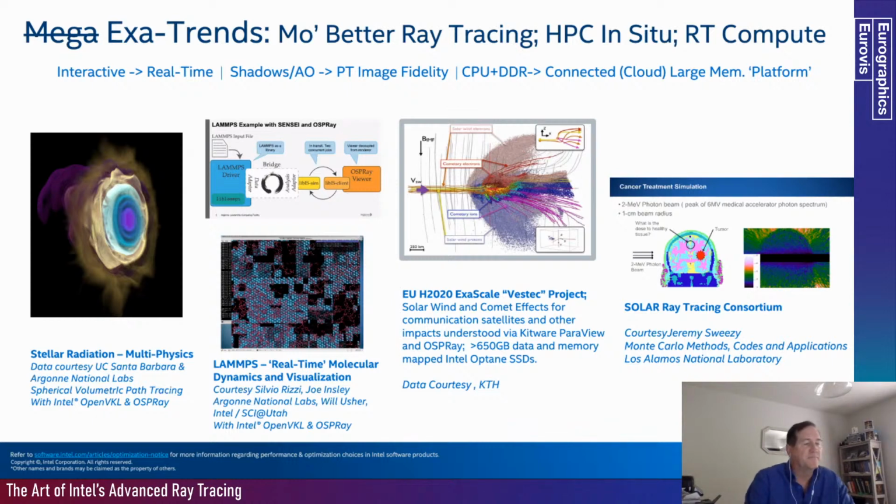I will actually post a video of the stellar radiation multiple time steps, a screen capture that we've done, so you can see the type of things scientists can do. We'll post that the next day or so.